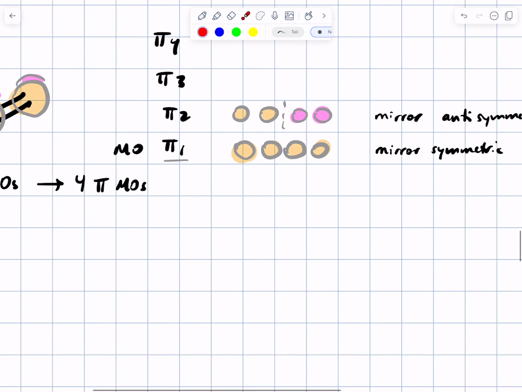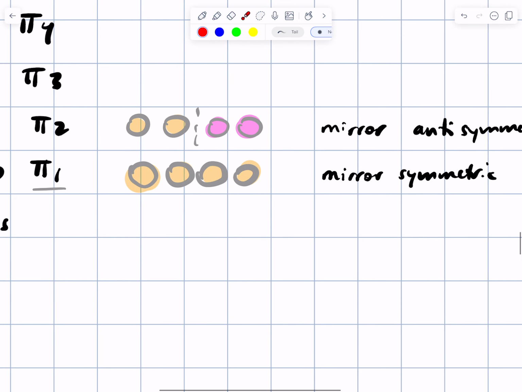Another useful concept from MO theory, just to review briefly, is that you can tell whether an orbital is a bonding orbital versus an anti-bonding orbital by simply keeping track of the number of times on adjacent atoms the wave function sign is the same. When the wave function sign is the same, we call that a bonding interaction, BI.